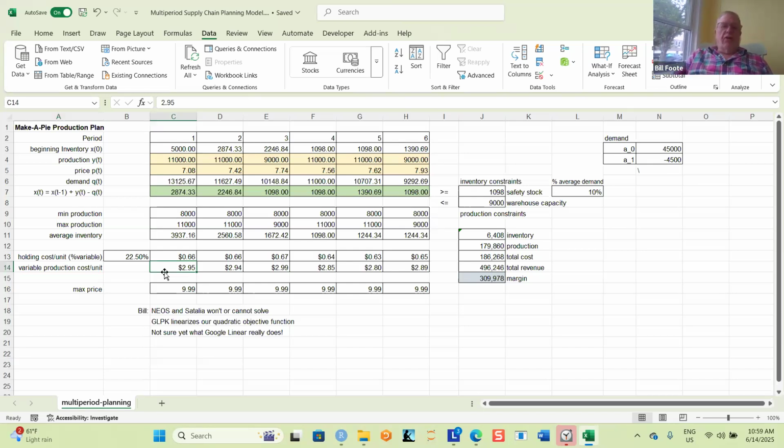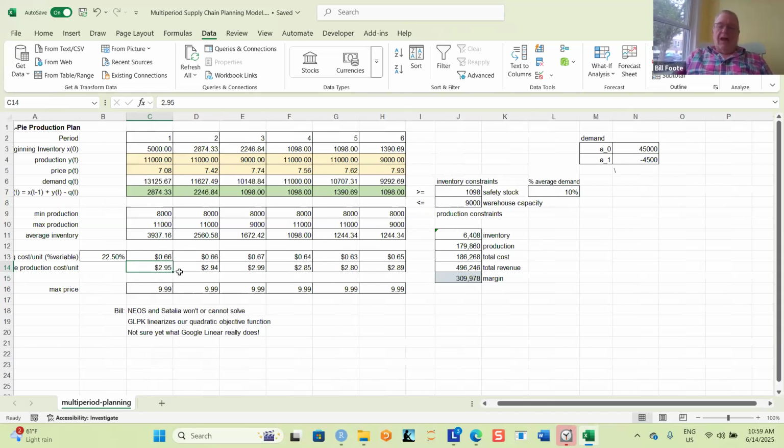That's the decision here. Make 11,000 or 10,343 or something in between 8,000 and 11,000. It's making one more pie, and we're not going to make one more pie exceeding some margin. We want at least positive margin here, and we'll get to that.